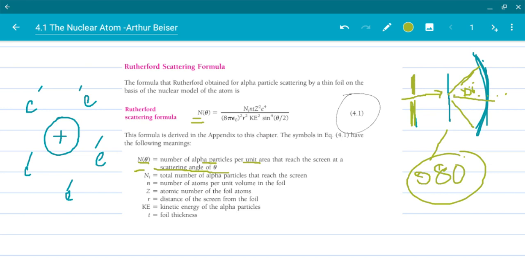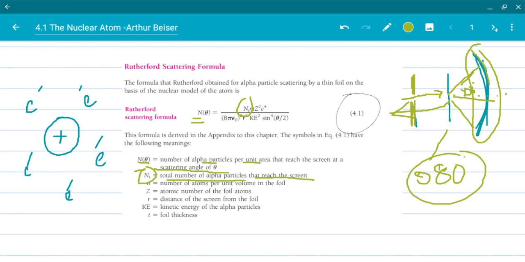Now moving on to Ni, which you can see over here and here. Ni is basically representing the total number of alpha particles that are reaching the screen. Now this is your screen. I have told you that some of the particles will reflect back, some will be reaching the screen straight after passing straight through the foil, some will be deflected at an angle.